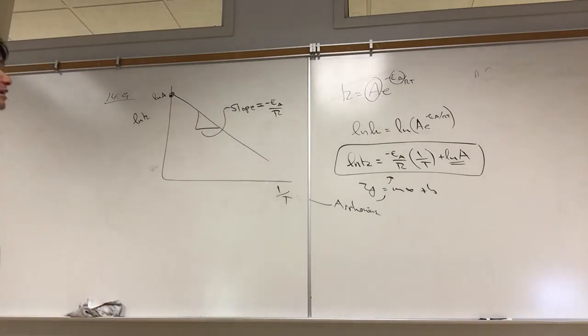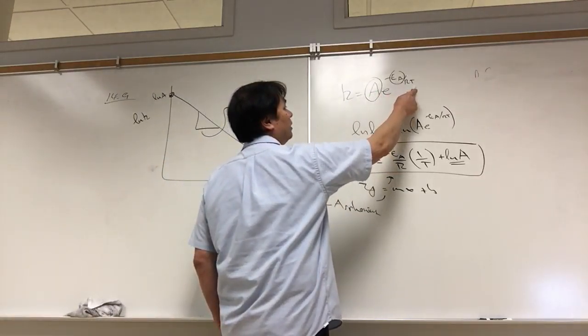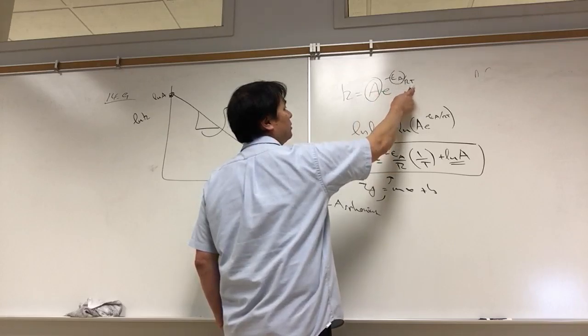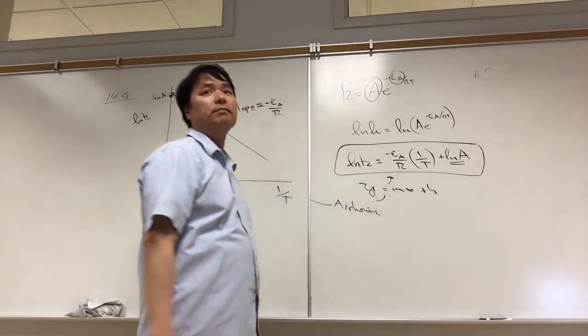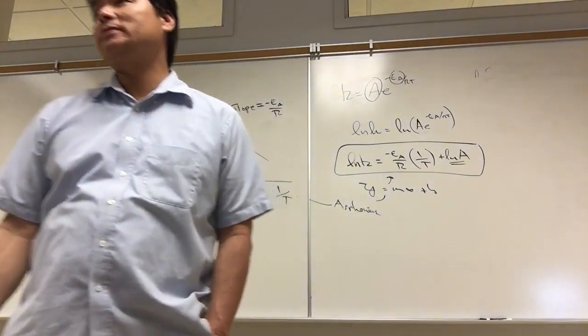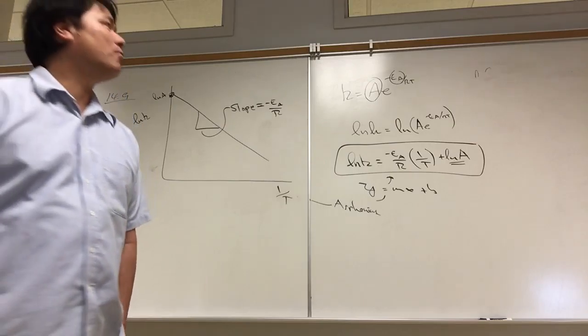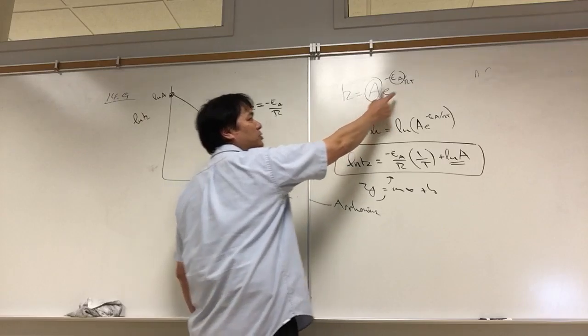One thing is going to change k. What changes k is temperature. The frequency factor should be the same for a given reaction, and the activation energy should be the same for a given reaction. If I said I want the k value of such and such, at what temperature would that be?